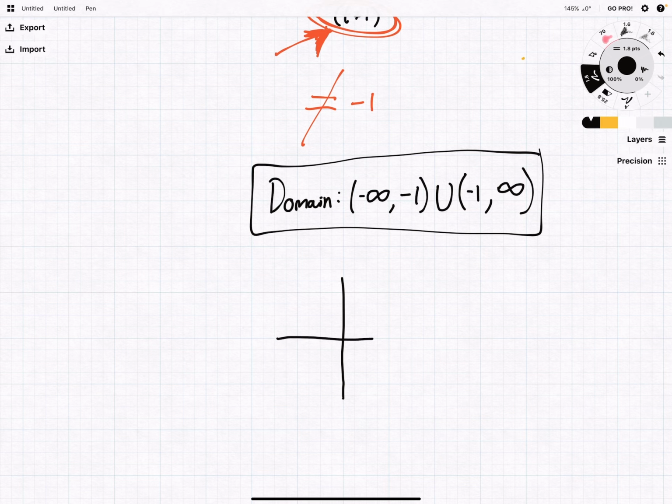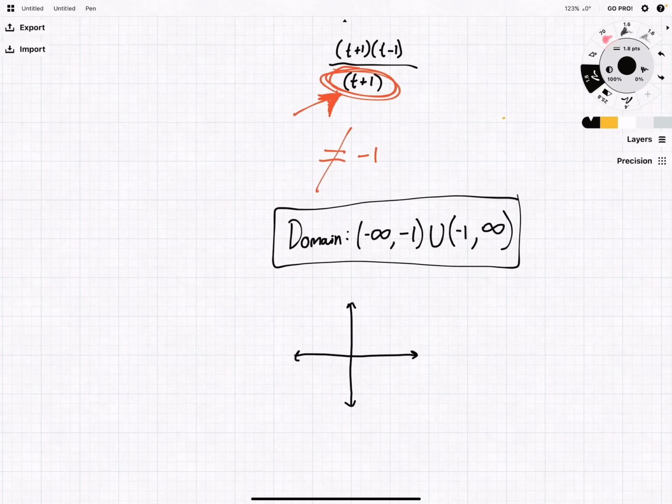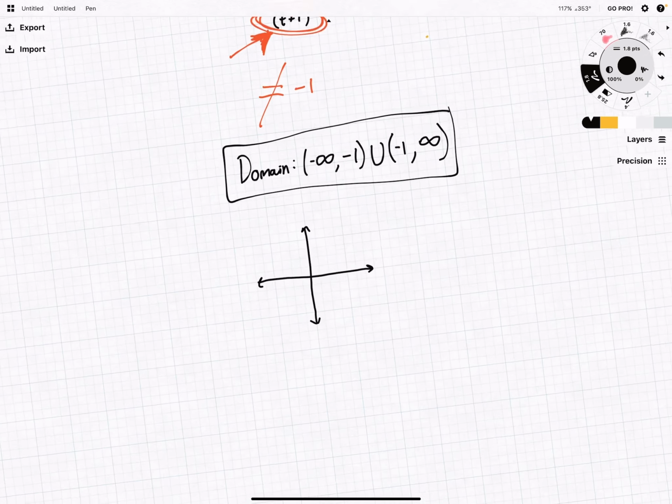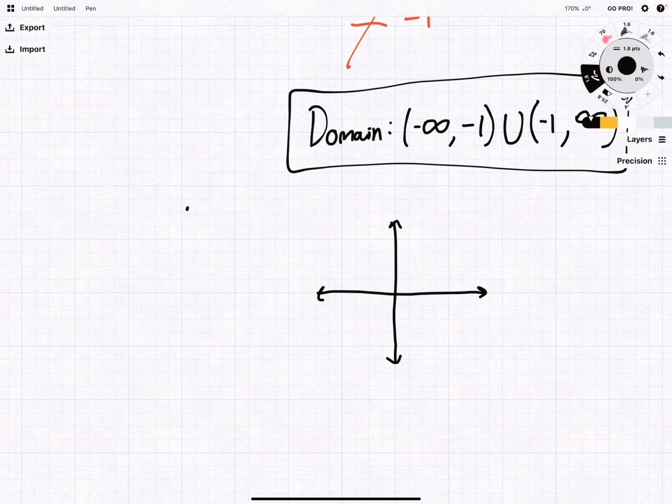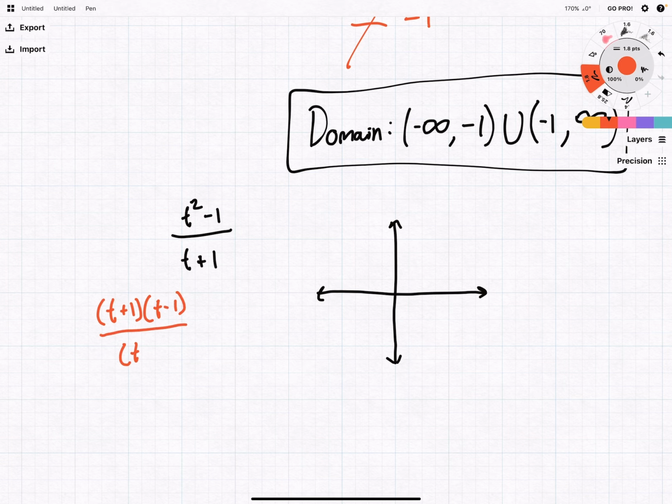And we'll draw our coordinate grid here. And I'll write the function again by our coordinate plane. So it's t squared minus 1 all over t plus 1. Now, remember I said we would go back to this idea of t plus 1 times t minus 1 all over t plus 1.